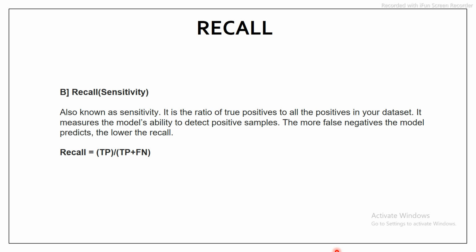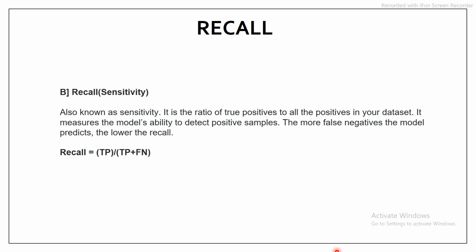Now there comes one other metric, that is recall. Recall, also known as sensitivity, is the ratio of true positives to all positives in your data set, and it measures the model's ability to detect positive samples. So recall equals true positive divided by true positive plus false negative.